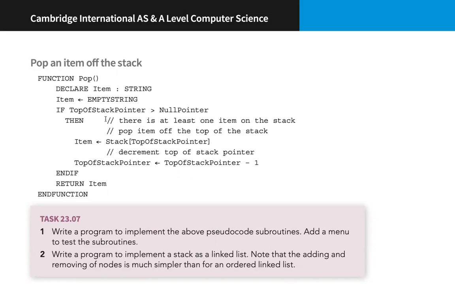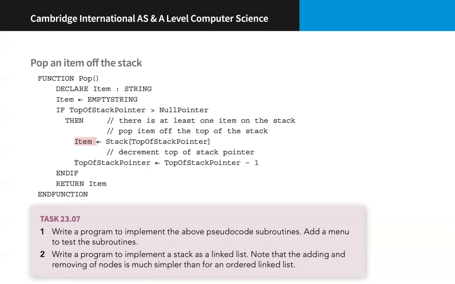So what's happening in the pop routine? I will simply take the current element at the top. The top of stack pointer is pointing at the current, topmost element. I access that element at this position in my stack array, and I will move that element to this variable item.